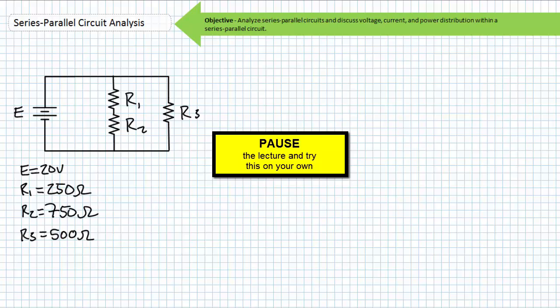By all means, pause the lecture and see if you can solve for the quantities of interest. For this particular series parallel circuit, R1 is 250 ohms, R2 is 750 ohms, R3 is 500 ohms, E is 20 volts. Solve for the voltage drop across each component and the current through each component as well as source current.